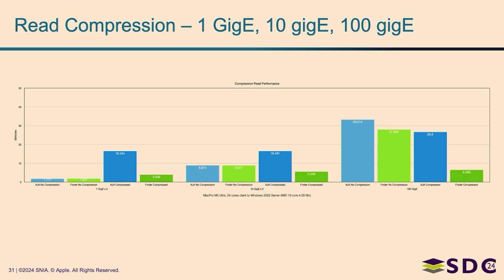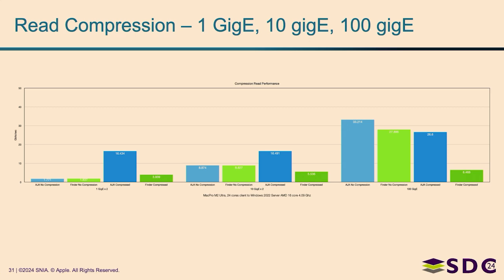But AJA uses like a 4-byte repeating pattern, so it's like the ultimate in data compression. And then we have Finder no compression and Finder compressed, which is the greenish ones. But as you can see, as the network gets faster, the differences become less and less.